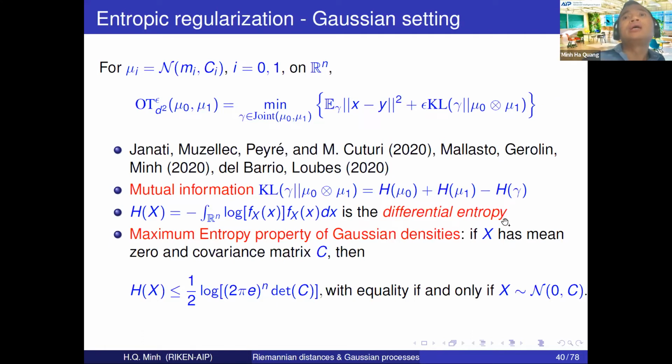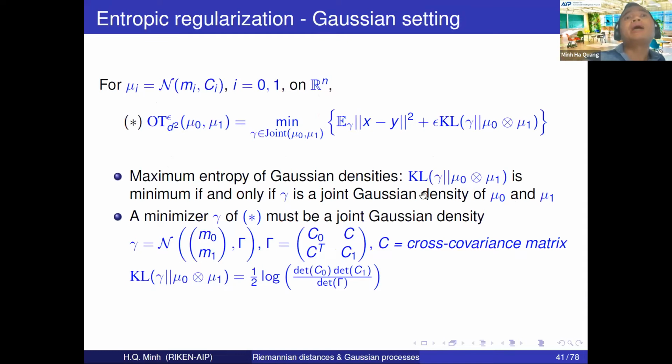For this quantity to be minimized, we need H(gamma) to be maximized. So the minimizer gamma has to be a Gaussian density, and based on the maximum entropy property, the minimizer gamma has to be a joint Gaussian density of mu 0, mu 1.